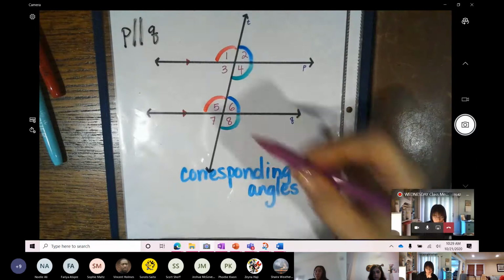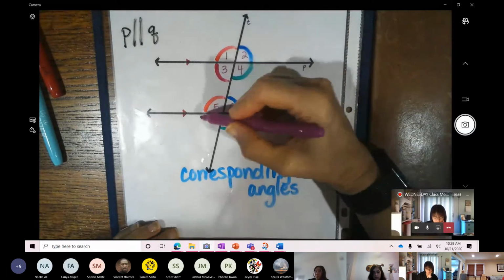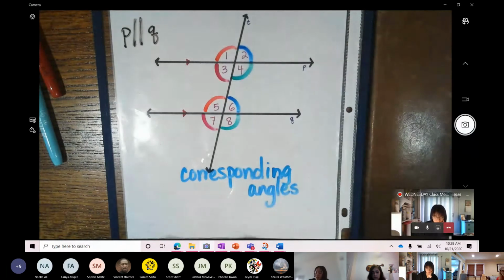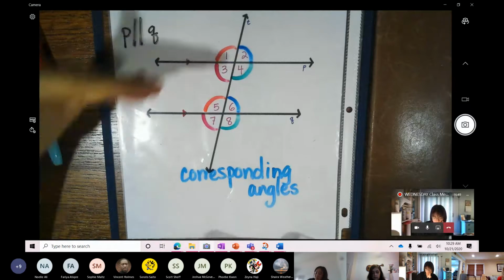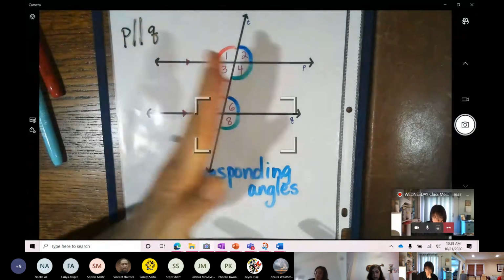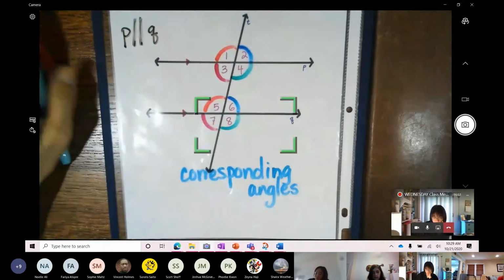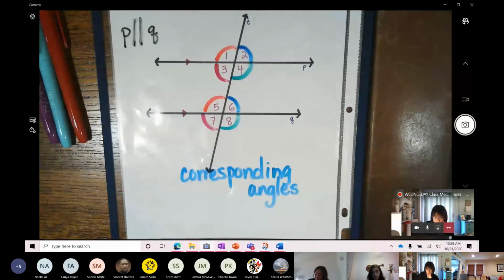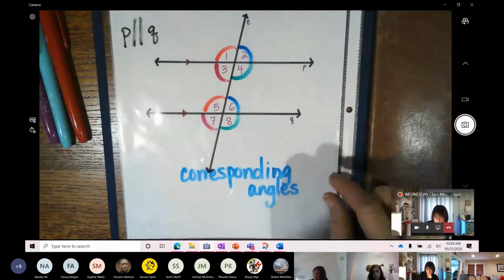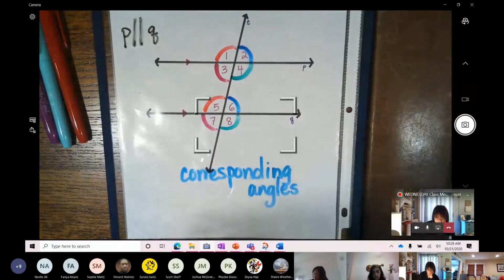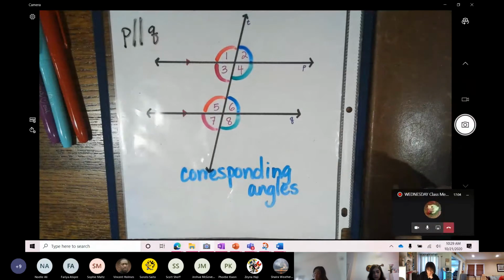And then the last 2, 3 corresponds to 7 because, again, below the parallel, but to the left of the transversal. So instead of saying all those positions, we could just say these are corresponding. That's our first set.